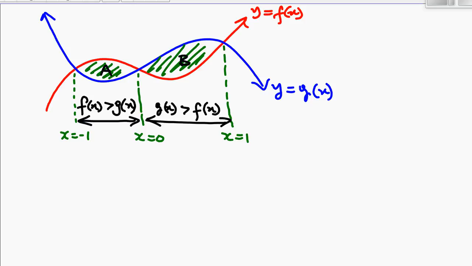So let's start with the area of A. Area of A will be the integral from 0 to -1 of f of x minus g of x.